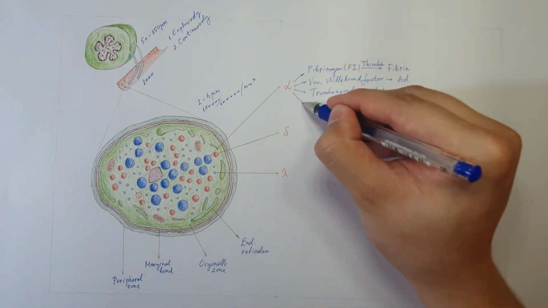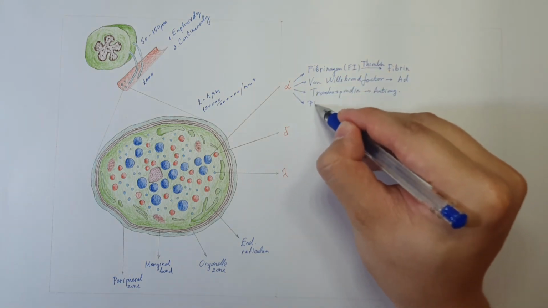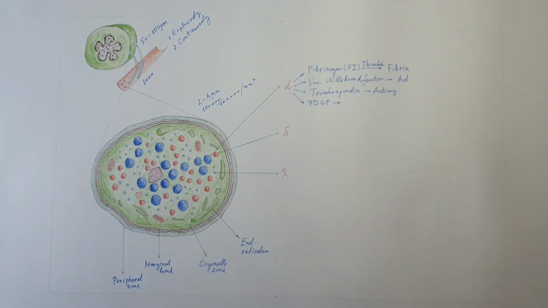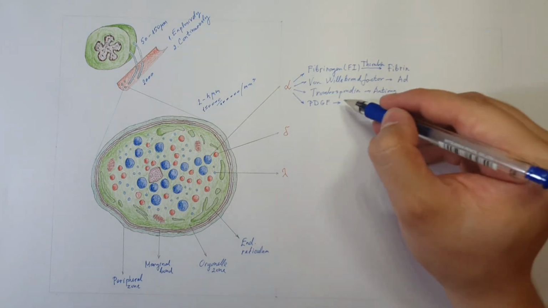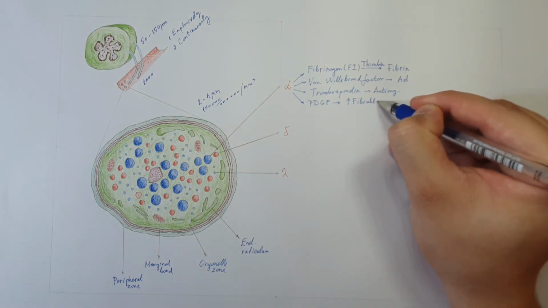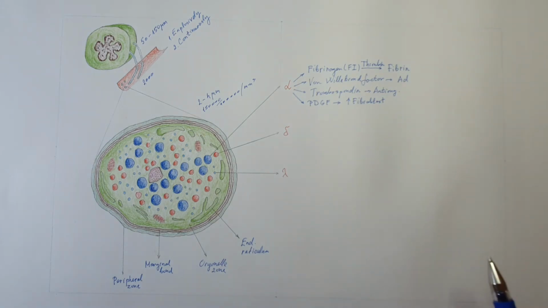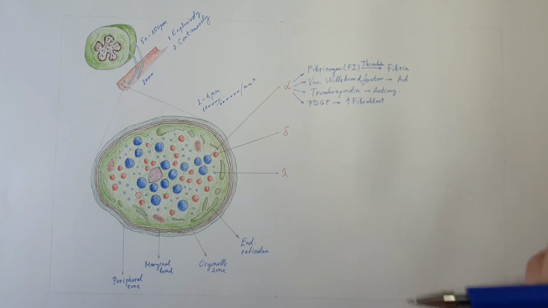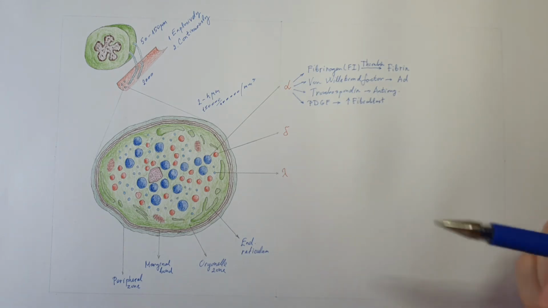Alpha granules also have the platelet derived growth factor, an important stimulant in proliferation of fibroblasts. So all these molecules and proteins are important in facilitating the function of the thrombocyte. That is the stopping of blood going out from the blood vessels into the tissues or into the outside.